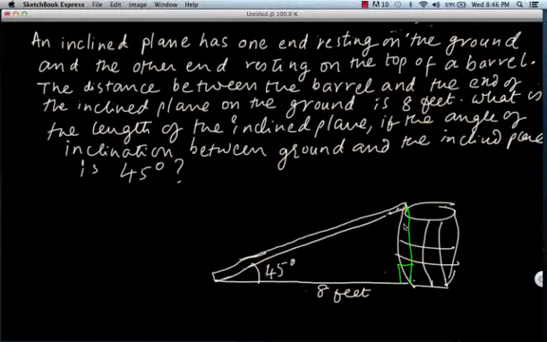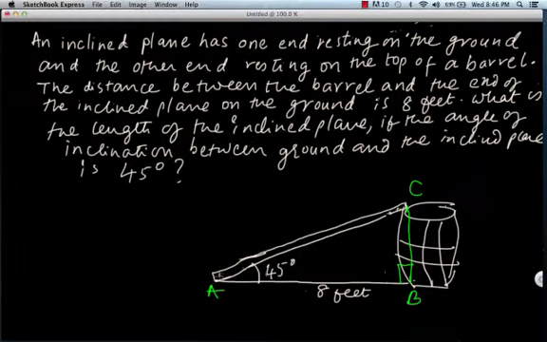Okay. So now that we know that this is a right angle triangle, and we know the distance between the end of the inclined plane and the barrel is 8 feet. Let's name the angle ABC. We are asked to calculate the length of the inclined plane.